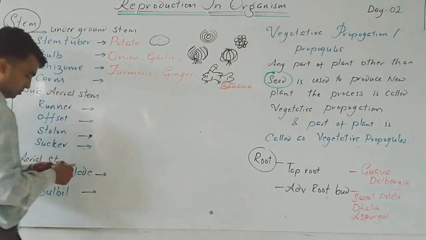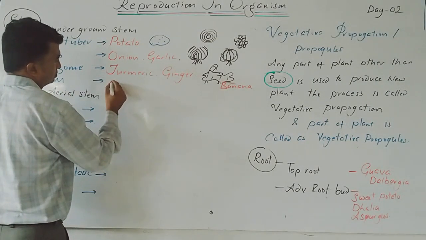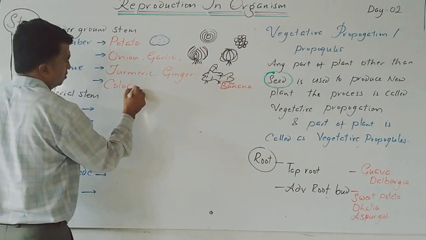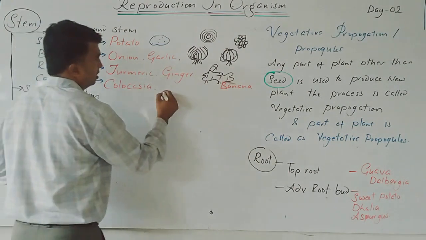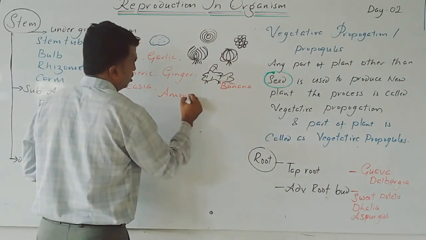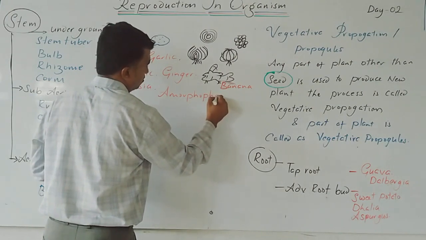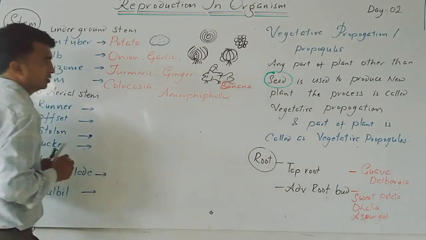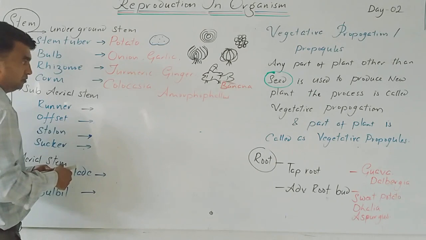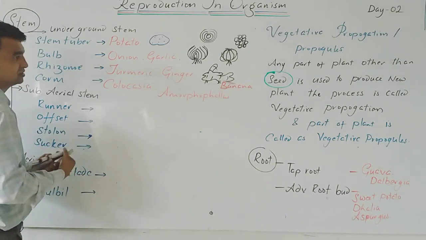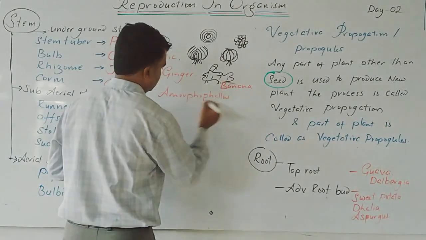Next one is a corm. Examples: Colocasia and Amorphophallus. Corm means it is a roughly spherical structure like this one.